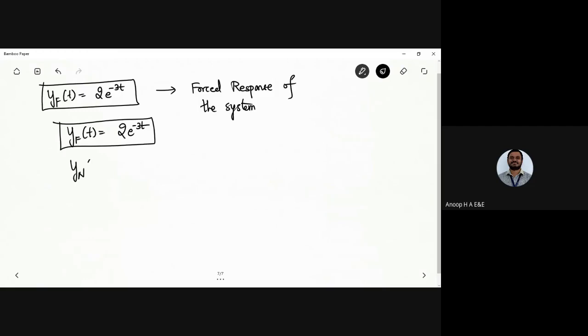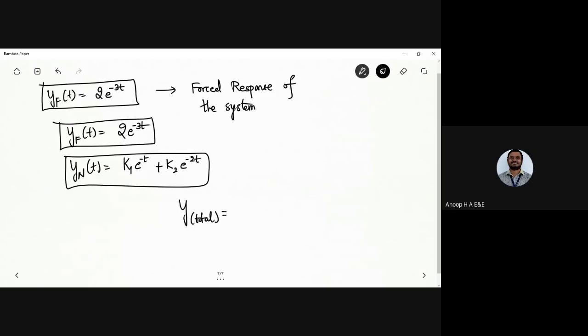Next, I know the natural response of the system. I can have k1 e power minus t, if you can recall, plus k2 e power minus 2t. In order to find the total response of the system, that is yf(t) plus yn(t), you have the natural response with zero input applied, and the forced response where the input is applied, and the structure of the forced response is found depending on the input.